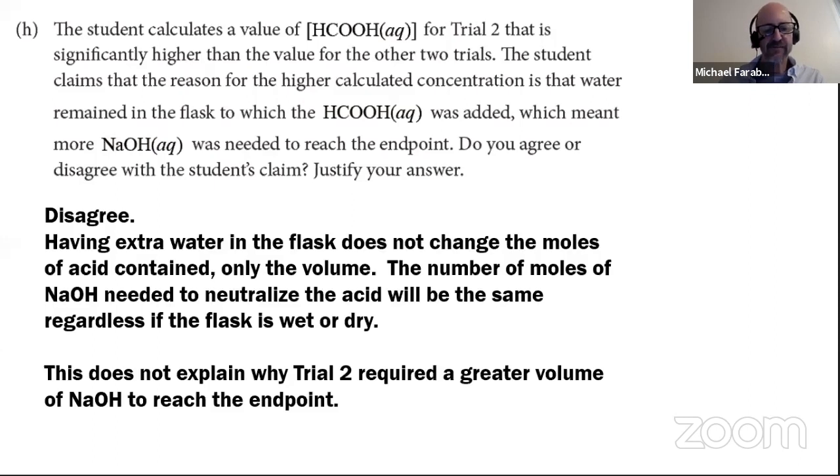So I disagree. Having extra water in the flask does not change the moles of acid contained, only the volume. The number of moles of sodium hydroxide needed to neutralize the acid will be the same regardless if the flask is wet or dry. So this does not explain why trial 2 required a greater volume of sodium hydroxide.